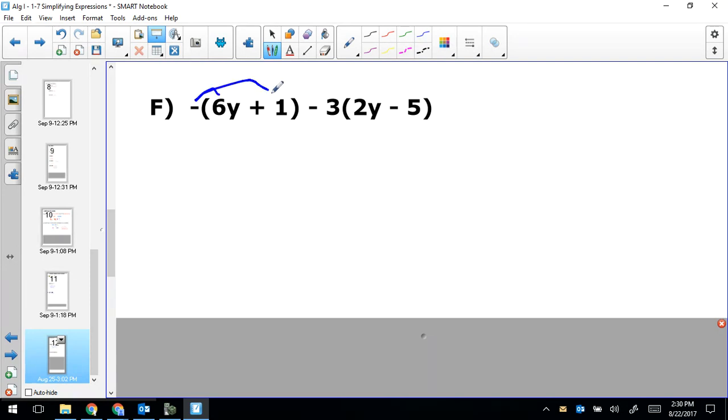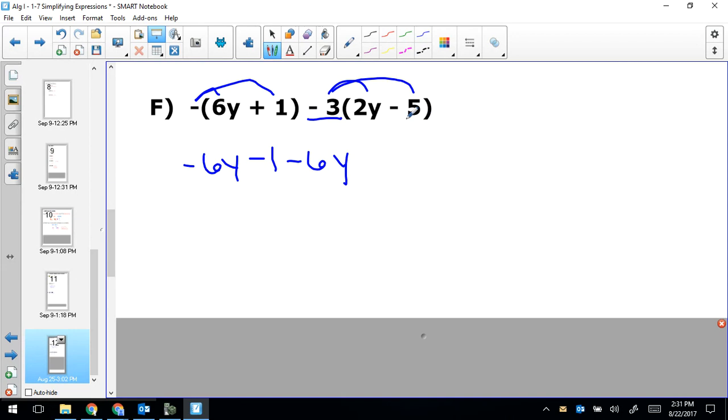I distribute this negative sign, and I get a negative 6y minus 1. Now watch here. I'm going to distribute a negative 3 in here. Watch out for that, folks. That's tricky. You get a negative 3 times a 2 to get a negative 6y. This one should definitely be in your notebooks because this is really tricky.